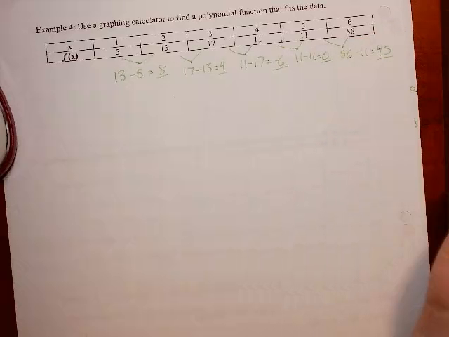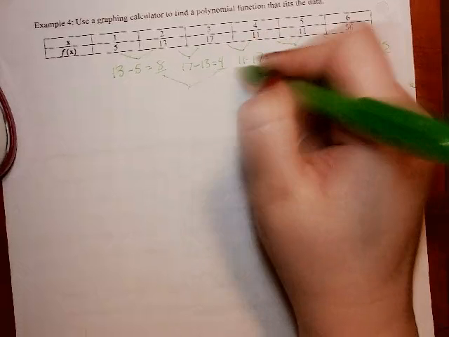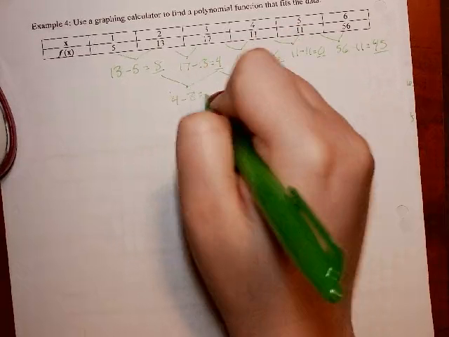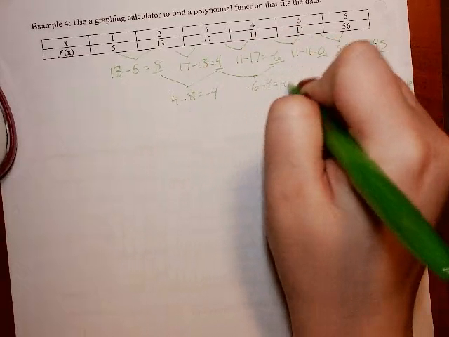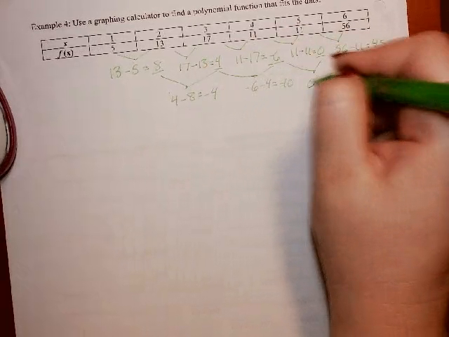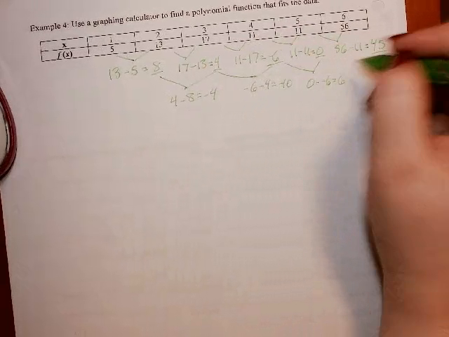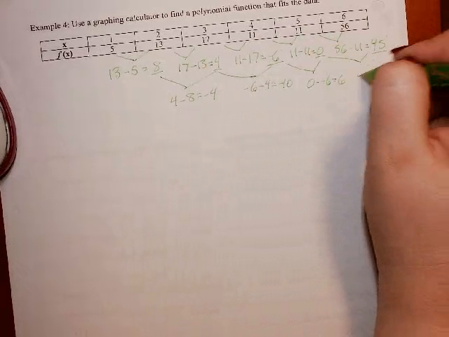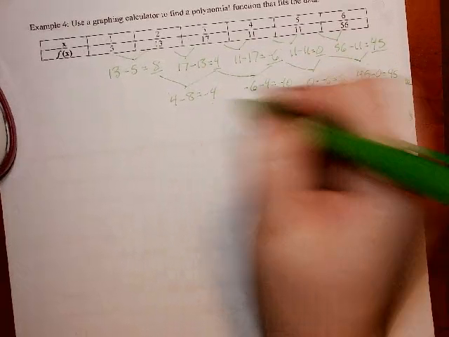So we get 4 minus 8 is negative 4. Negative 6 minus 4 is negative 10. 0 minus negative 6 is 6. And 45 minus 0 is 45. So that's not constant.